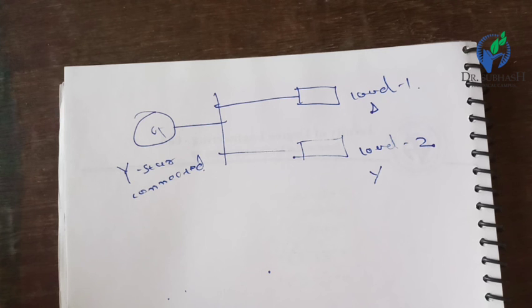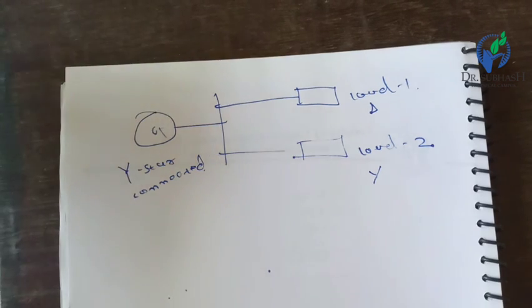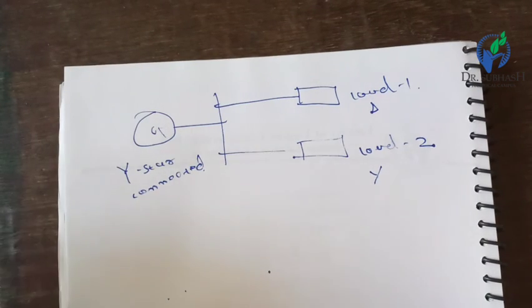If we neglect the impedance of the transmission line, an important simplification in the power calculation is possible. If the generator voltage in the system is known, then we can find the current and power factor at any point of the system.